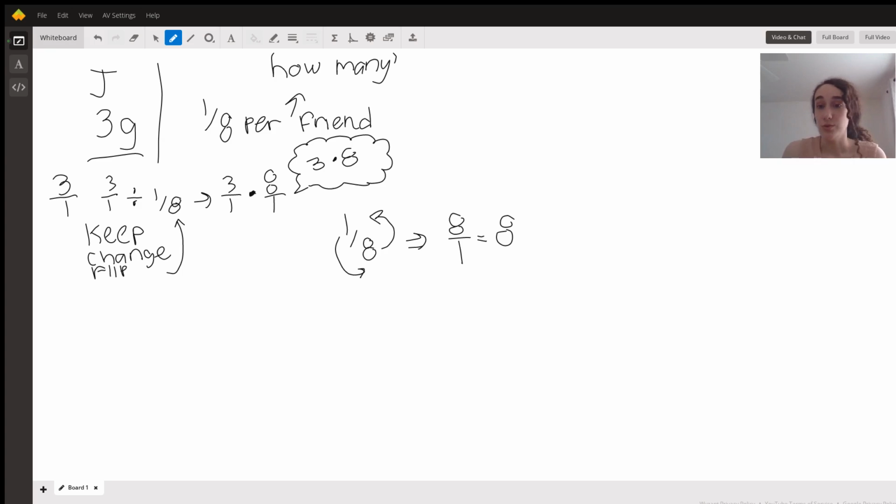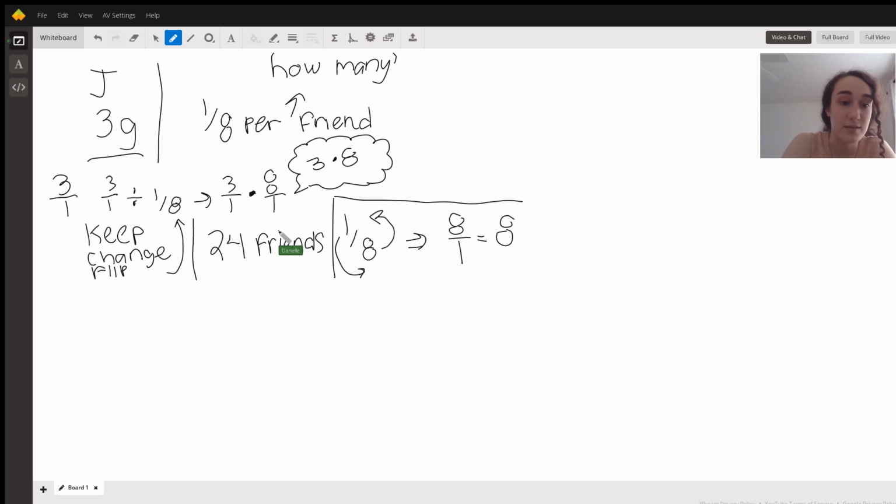So now you do 3 times 8, which is going to give us 24. So this is our reciprocal, and this is our big concept of this question: the keep, change, flip idea.